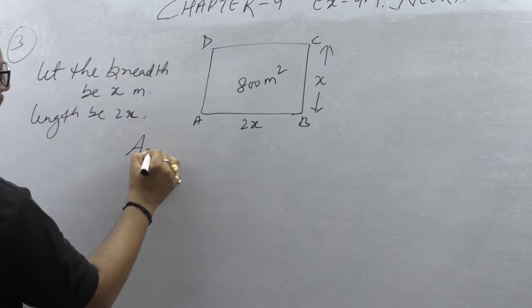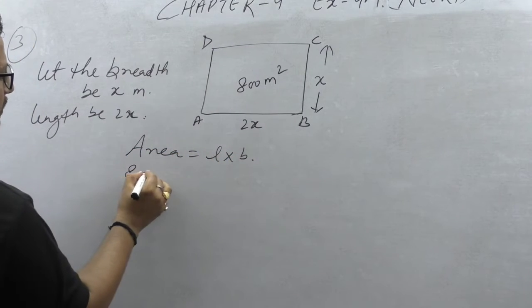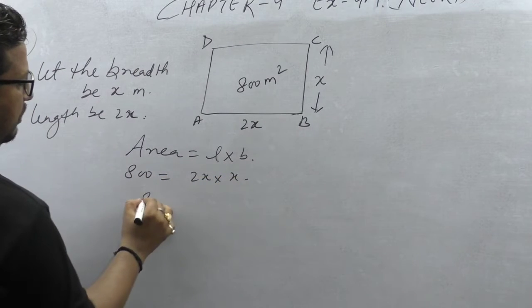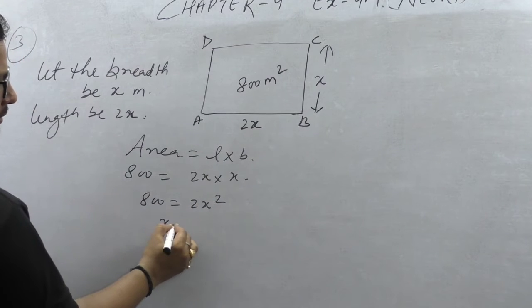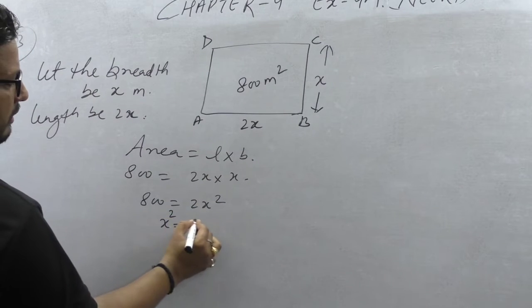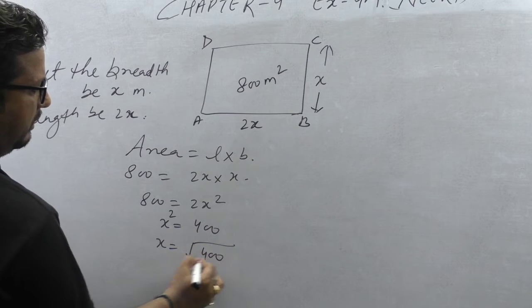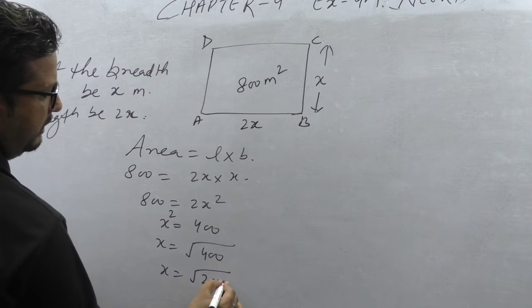And now area is already given to you. The area formula is length into breadth. So area is given as 800, length is 2x and breadth is x. So 800 is equal to 2x square. If you find the value of x by dividing, you will get x square equal to 400, and if you take the square root of 400, we already know 400 is the square of 20 into 20.